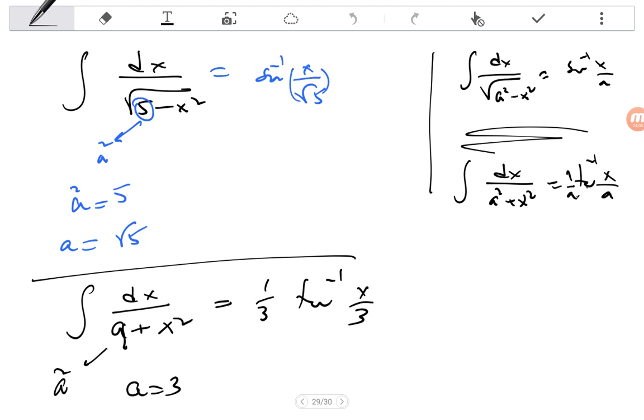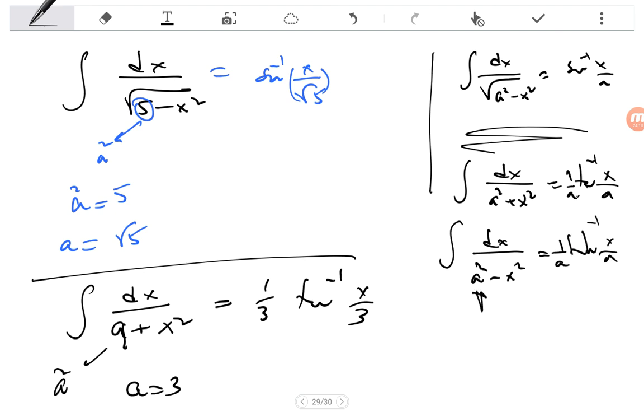What if I integrate dx over x squared minus 5? In that case, it's going to be tangent inverse, where a is square root of 5. But remember that in the rule of tangent inverse, the number was first: a squared minus x squared gives 1 over a tangent inverse x over a.